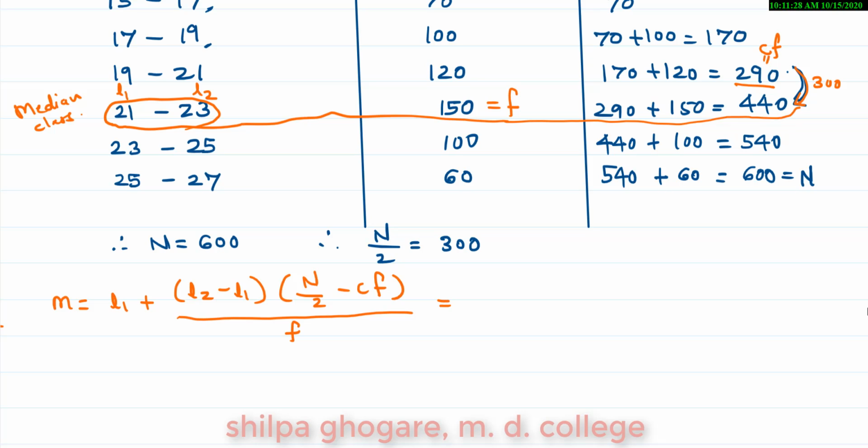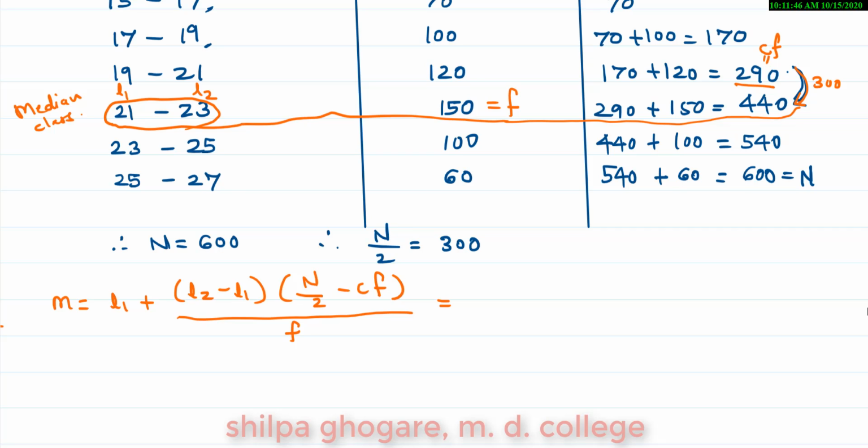In your notebook, you better continue in the next slide. This is the formula. Remember that formula carries marks. So always write the correct formula. Even if you don't solve the complete problem, at least some marks you will get for the correct formula.